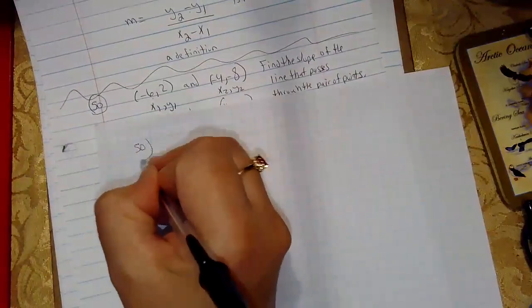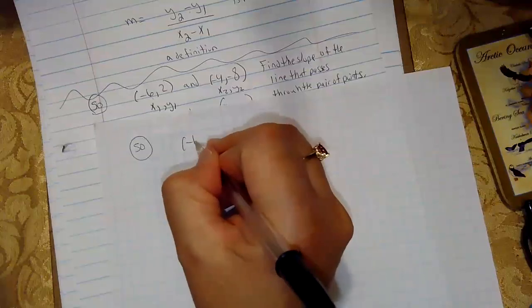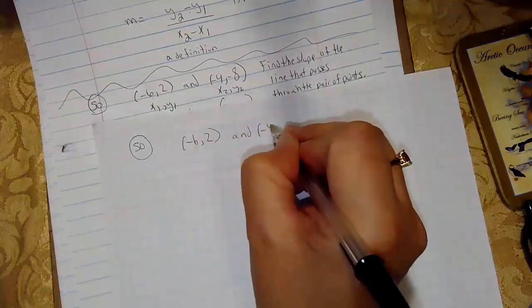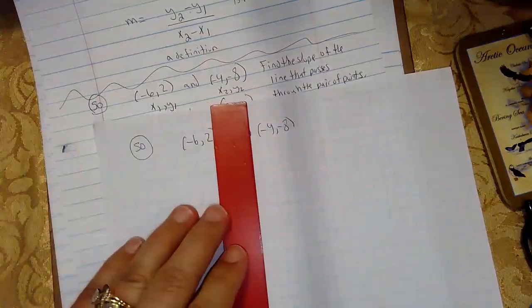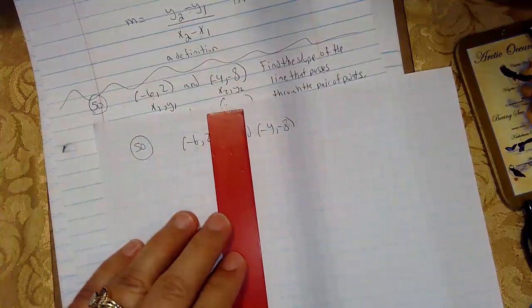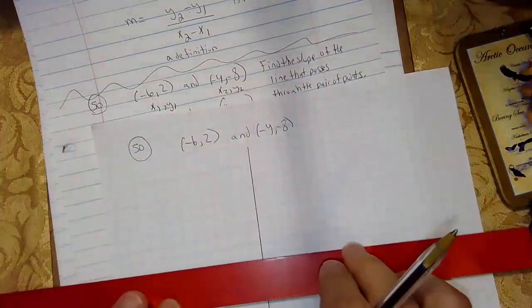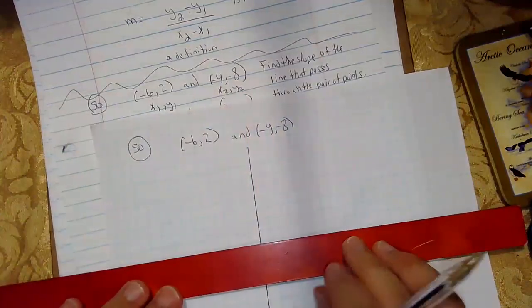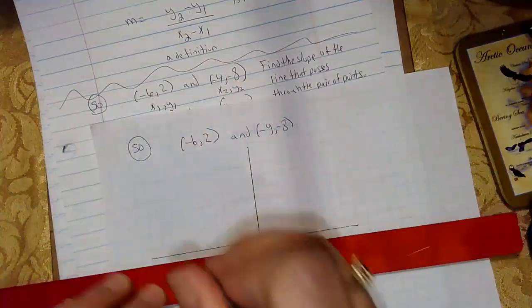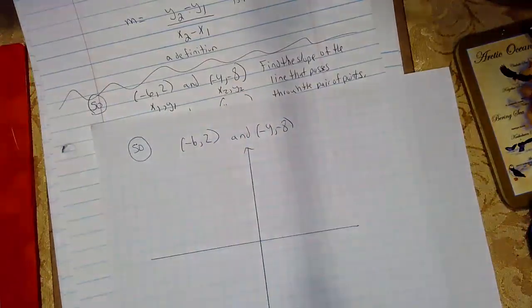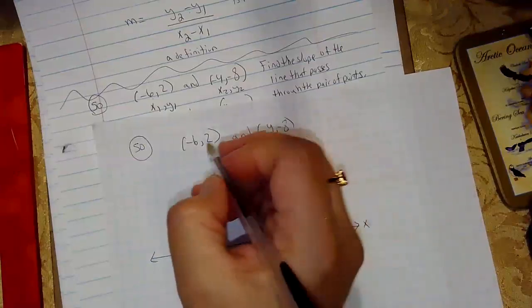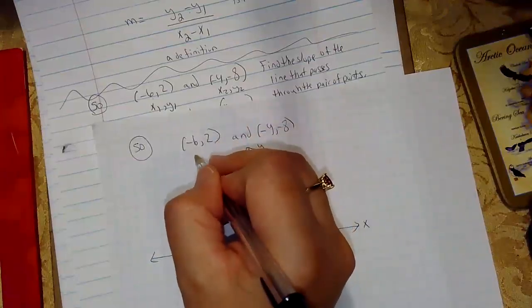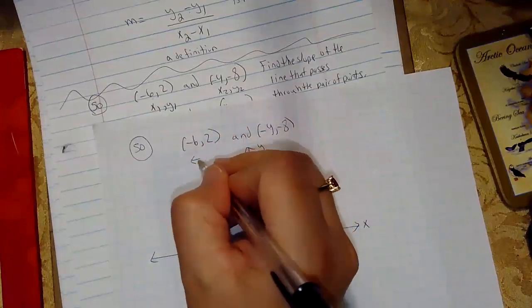So if I go to 50 and I sketch that, okay, so here -6, so here we go to the left and then we go up.